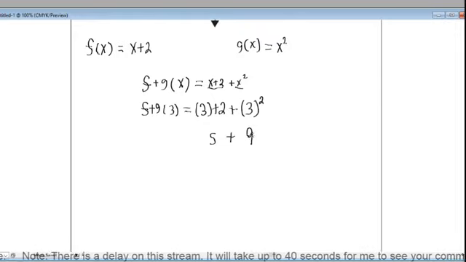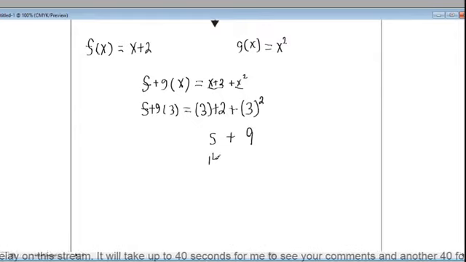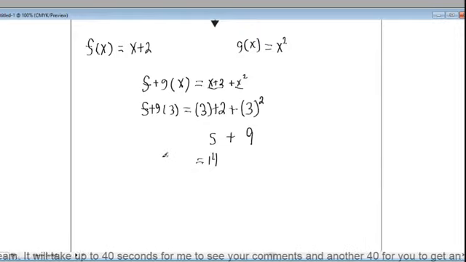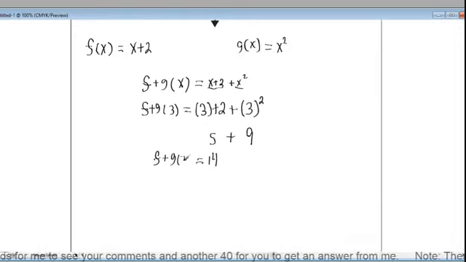And then 5 plus 9 is 14. So f plus g of 3 is 14.